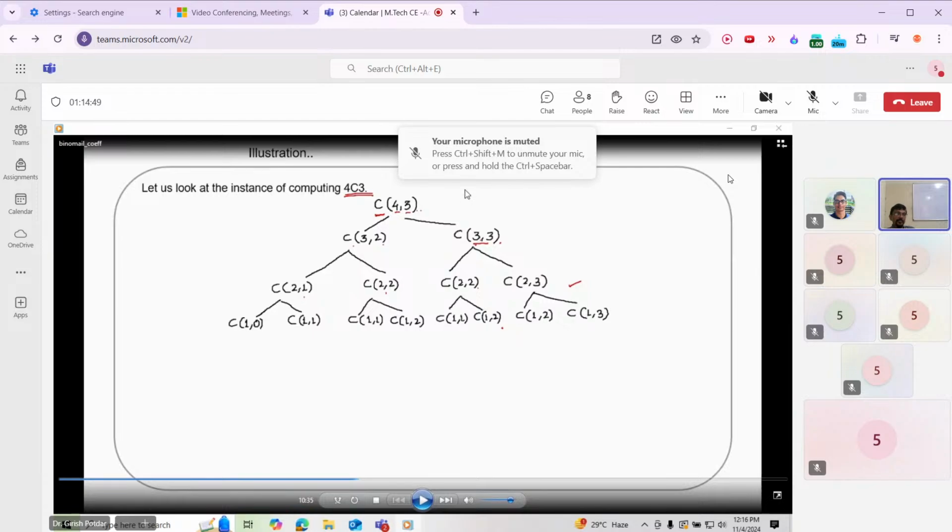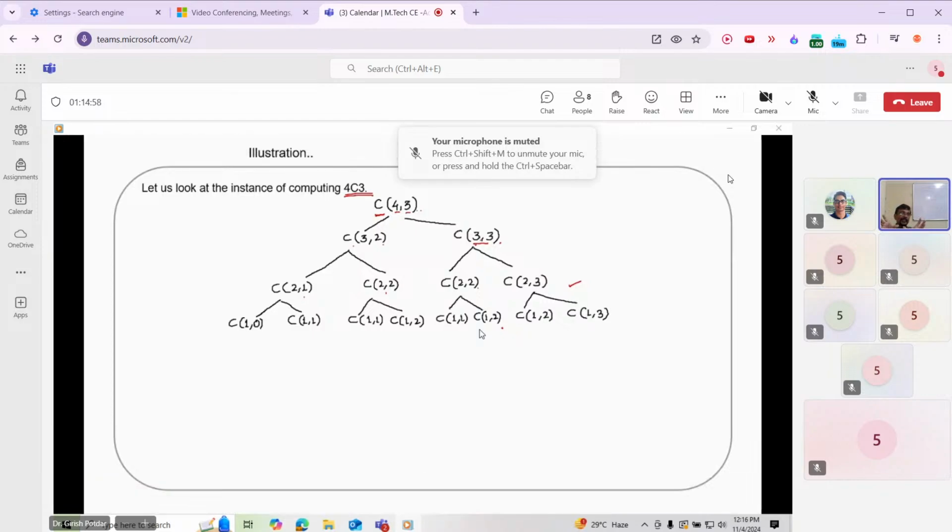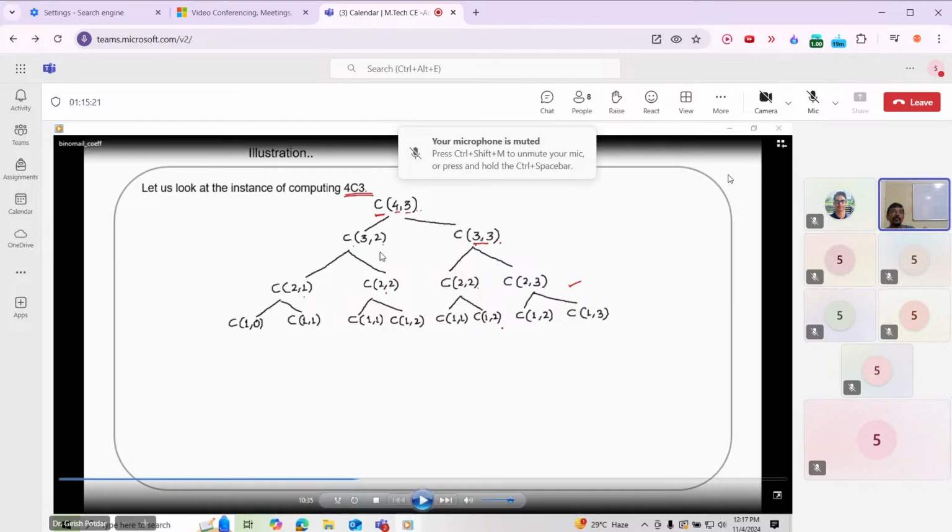On the left hand side of each node, we are reducing both. Because we said that if N and K are the same, the value will be 1, or if K is 0, the value will be 1. So the only alternative is to reduce N as well as K, since they are not equal, or only reduce N. Why? In the left side you have chosen one item, so the left out items are only one less than the original one. That's all.